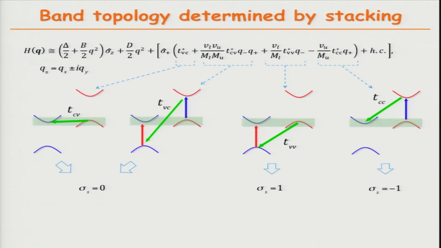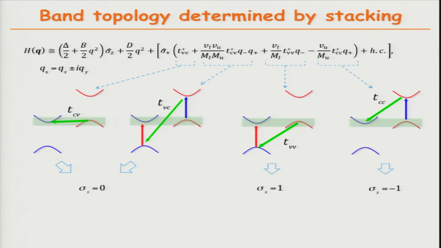So this channel, if that one dominates, it would lead to a spin Hall conductivity of 1, and the other dominating channel would also lead to a finite spin Hall conductivity of -1. But these two channels, their overall effect is non-chiral, so this would give rise to a trivial case.